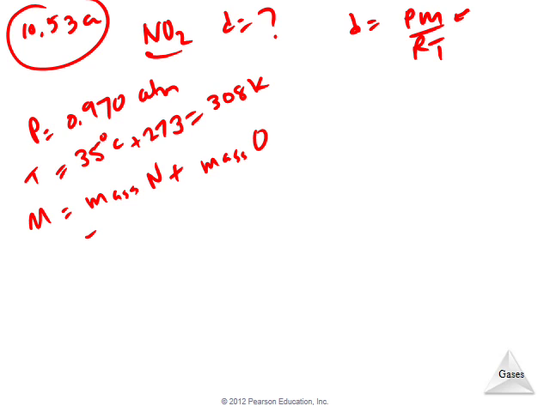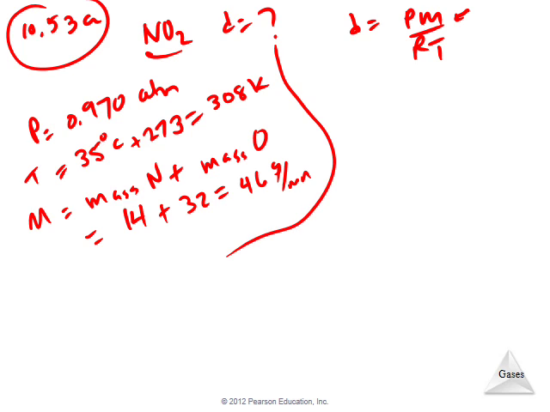Now we have 1 nitrogen and 2 oxygen, so it'd be 14 plus 32, and these numbers are coming from the periodic table. So it's going to be 46 gram per mole.